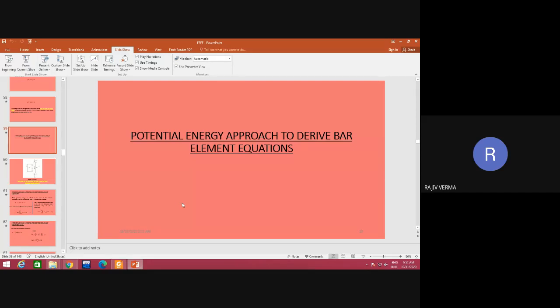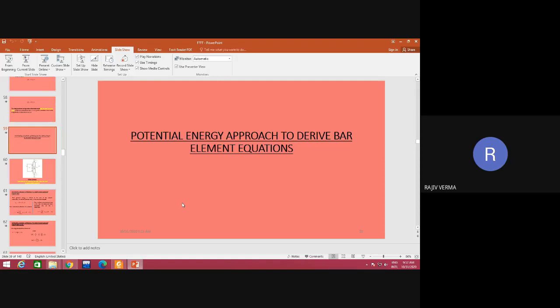We will be doing the potential energy formulation for deriving the elemental stiffness equations. In fact, all of you are already aware of this technique.